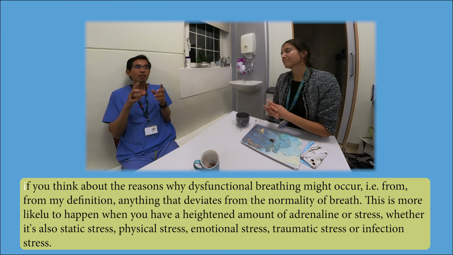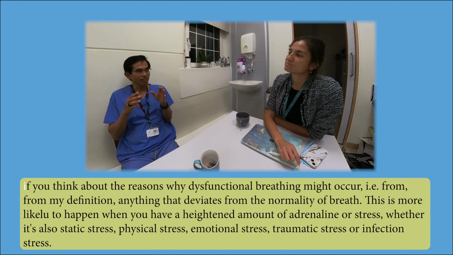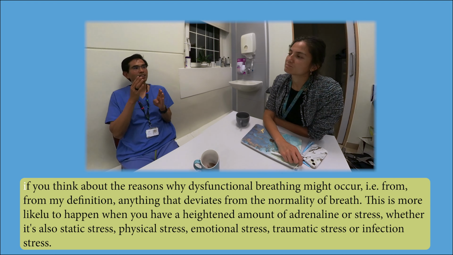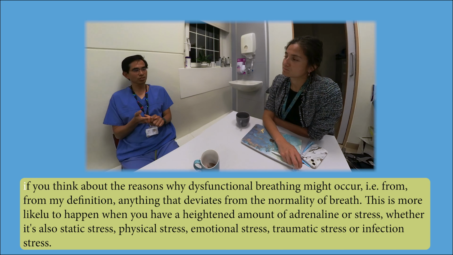And so if you think about the reasons why dysfunctional breathing might occur, from my definition, anything that deviates from the normal ideal breath, it's when you are having to do these kinds of actions. And that's when generally you have a heightened amount of adrenaline or stress, whether it's orthostatic stress, physical stress, emotional stress, traumatic stress, infection stress.